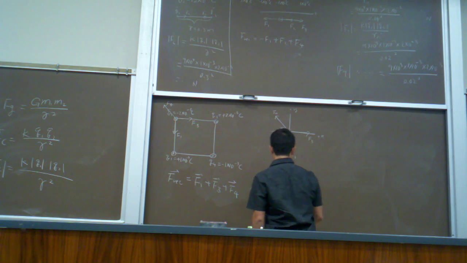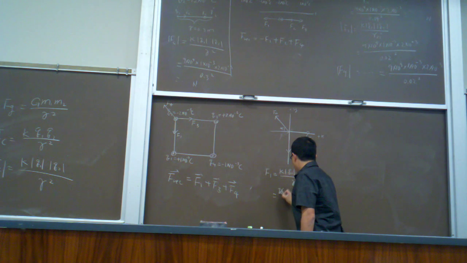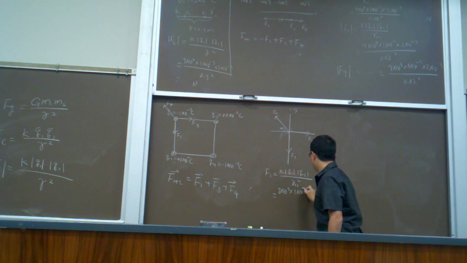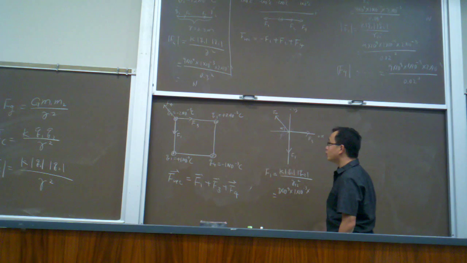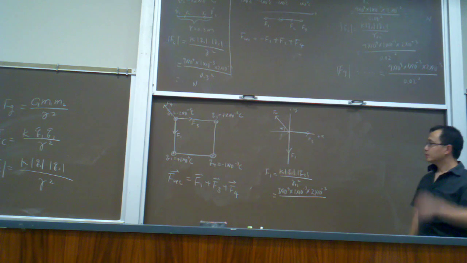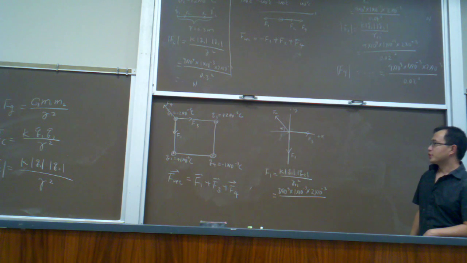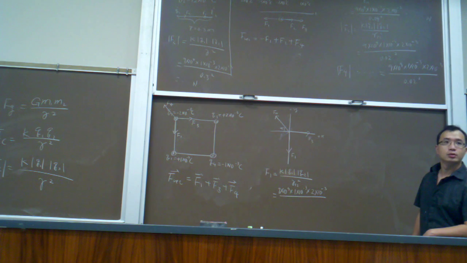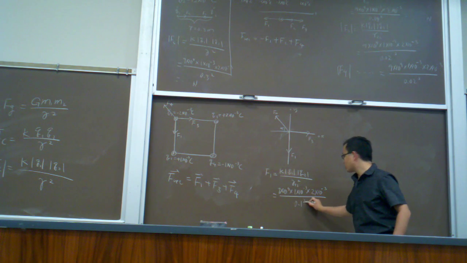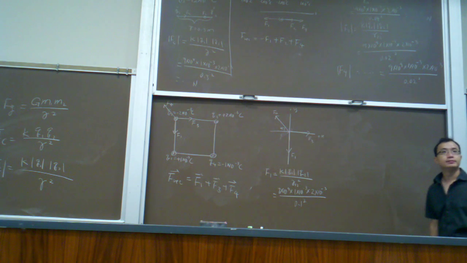So this is 9 times 10 to the power of 9, multiplied by Q1, which is 1 times 10 to the power of negative 3, and the absolute value of Q2, which is 2 times 10 to the power of negative 3. And the distance between Q1 and Q2 in meters should be 0.1, since 10 centimeters is 0.1 meter, squared.